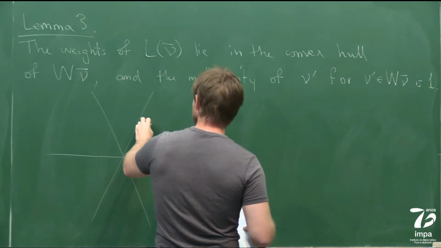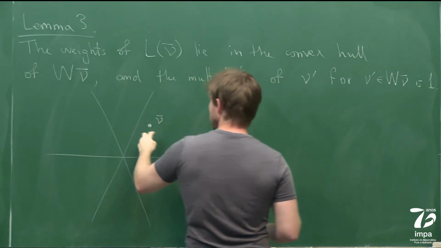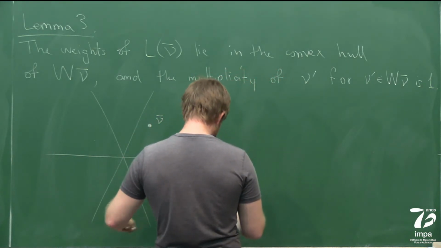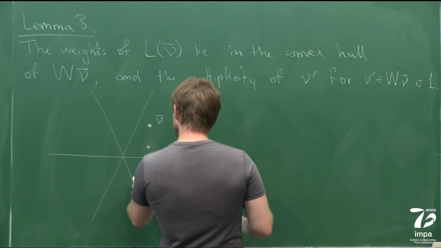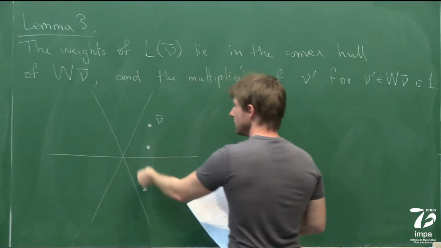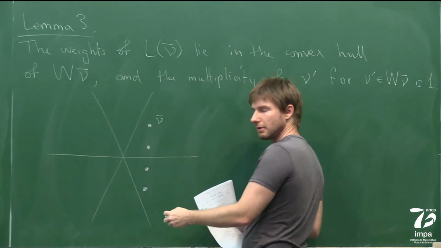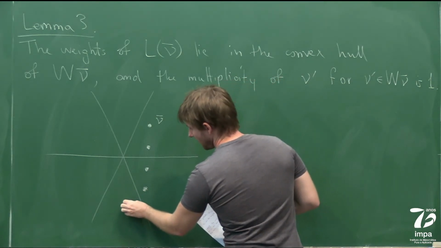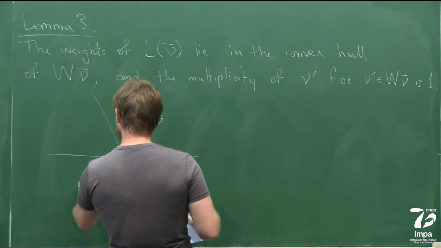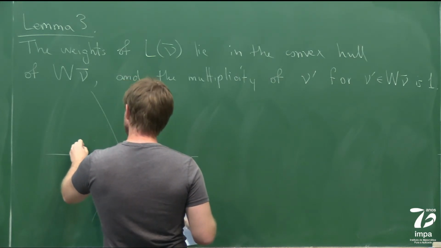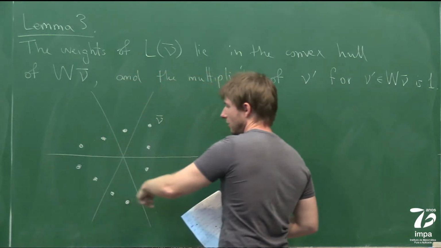So, for example, just to make this concrete, if I take nu bar here, you'll go down in steps of roots to the reflection of this weight here. And there's another reflection there. So you have some setup like that, a convex hull.